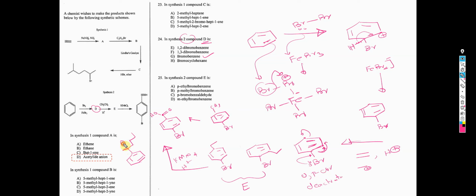As long as you have at least one hydrogen, if you subject it to KMnO4 or sodium dichromate in sulfuric acid, these are both very strong oxidizing agents. When you subject a benzylic carbon containing molecule with an alkyl chain to KMnO4 or sodium dichromate oxidation, all the carbons will be consumed and you will be left with only one carbon stuck, which is going to be a carboxylic acid.